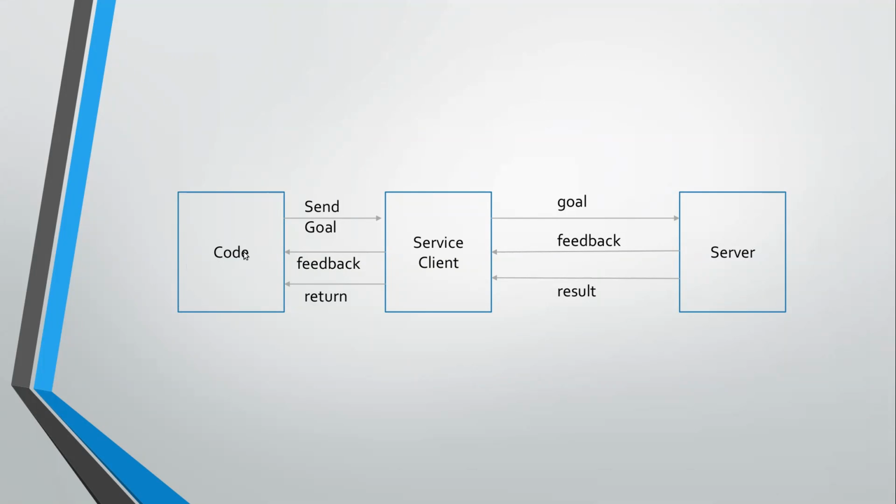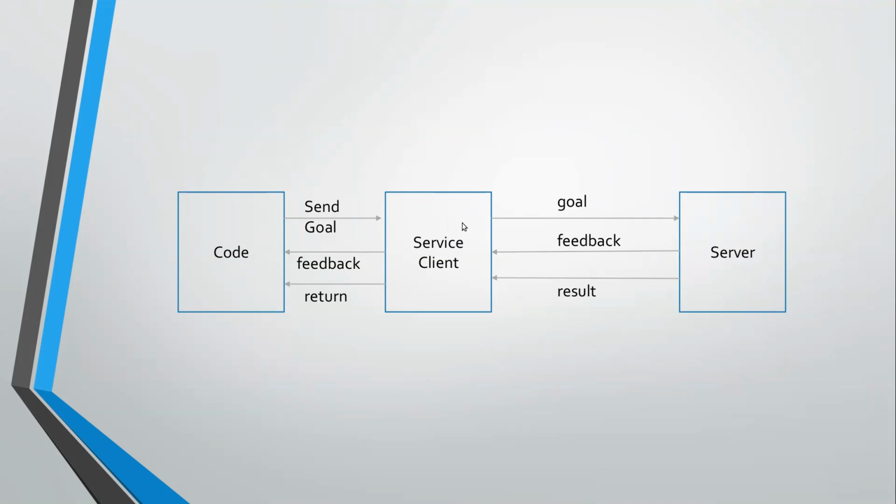you can see that code is there, and just like before, there's a service client, or we can call it action client, and a server, or rather action server. What we do is we create a goal and send it to the action server. Just like in the service client server architecture, we make a call to the service client.